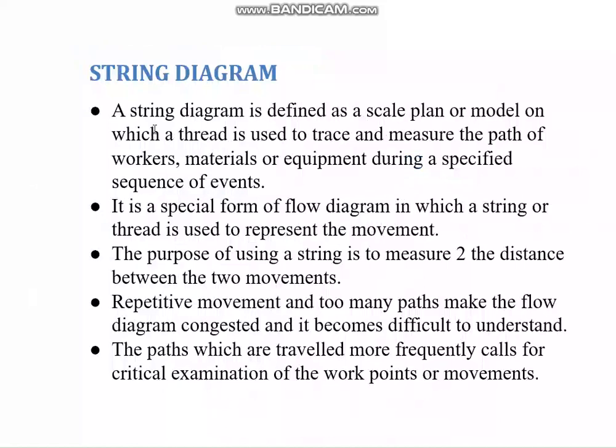Here, as the man is moving from one place to another, we make a small model of it, a small plan of it, and then we wind this thread around it. At different machines you may put some pins around which the string is wound. You see how many times the man is going, so many times the string will be winding there.